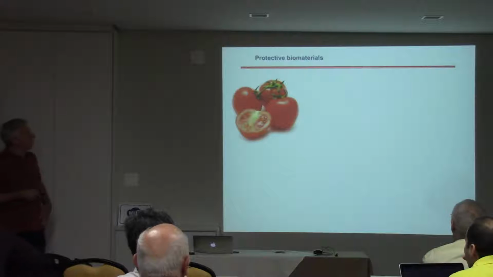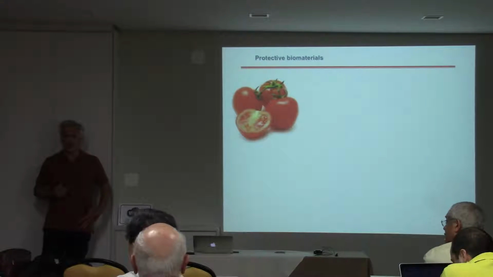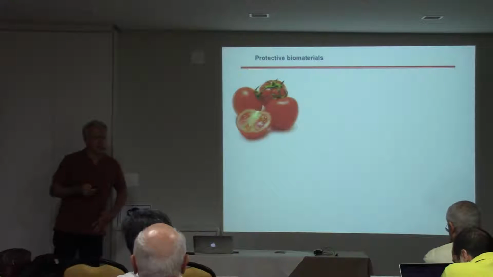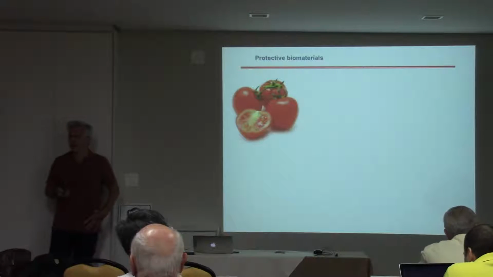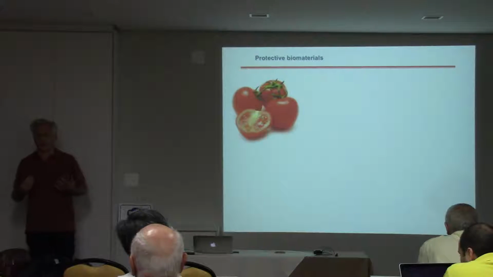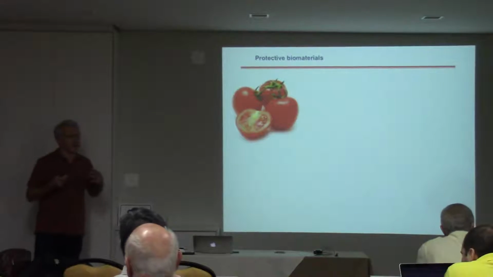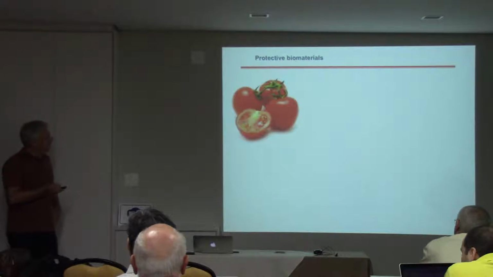We are interested in protective biomaterials. In particular, if we look at most of the vegetables or fruits in nature, we find that they are well protected from different chemical and physical impact.